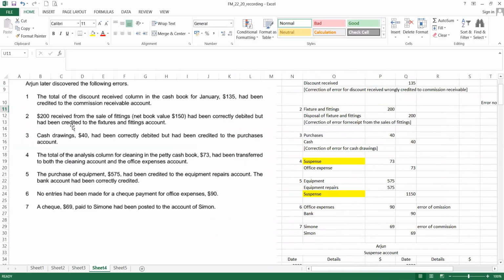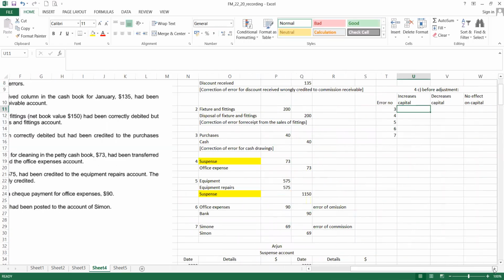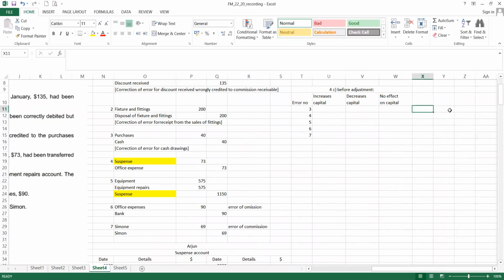Now, let's see number 3. Cash drawing has been correctly debited but has been credited to the purchases account. When credited to the purchases account, cost of sales decrease.